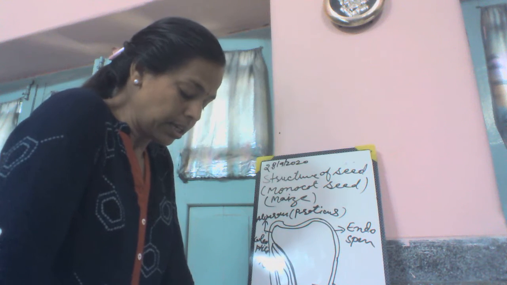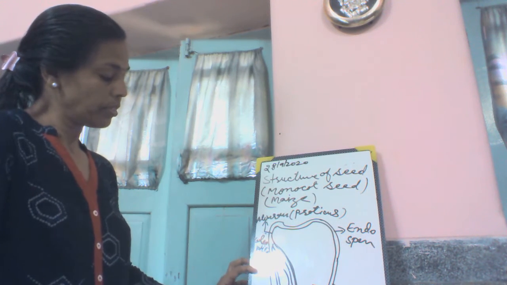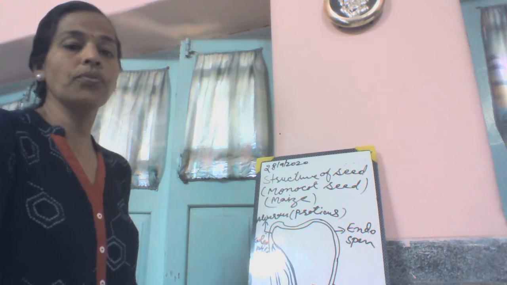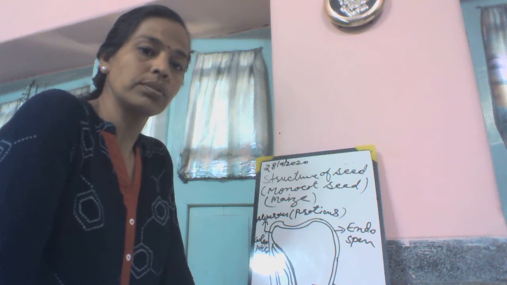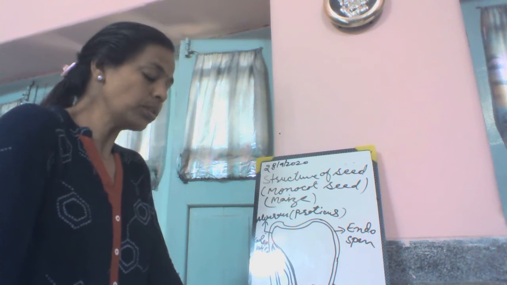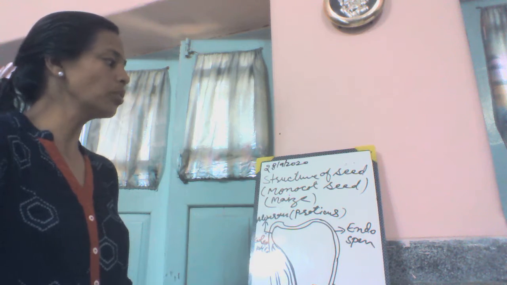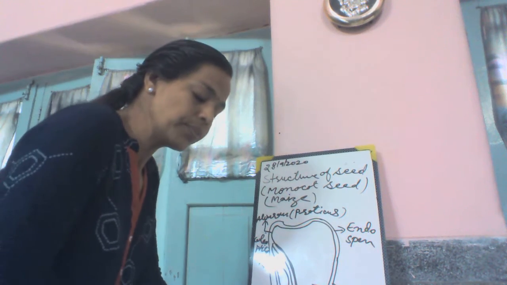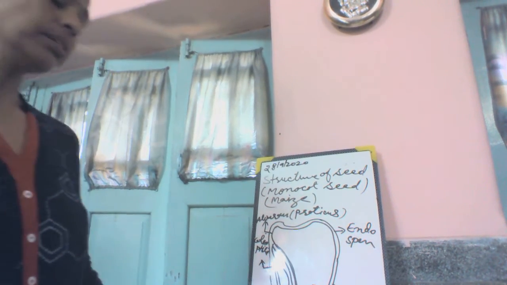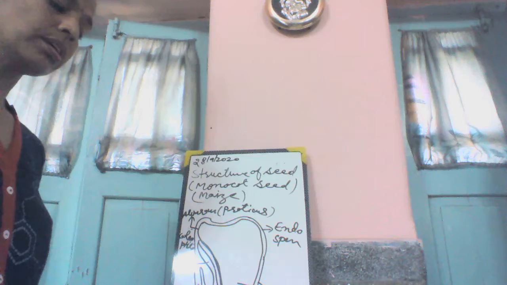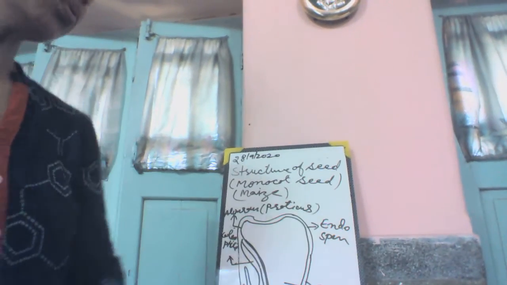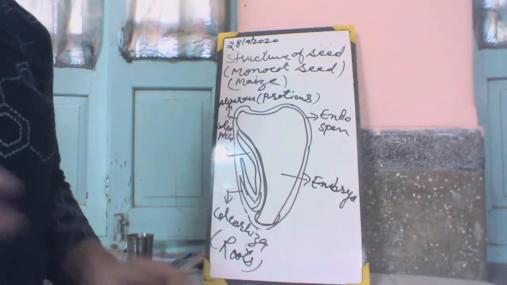These are the layers of a monocot seed. This is the structure of monocot seed. Here see, there are differences between monocot seed and dicot seed.